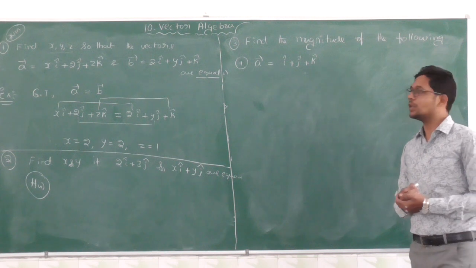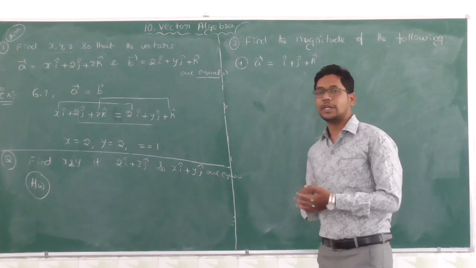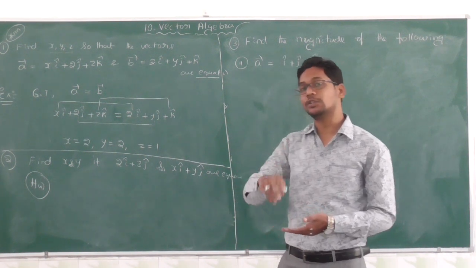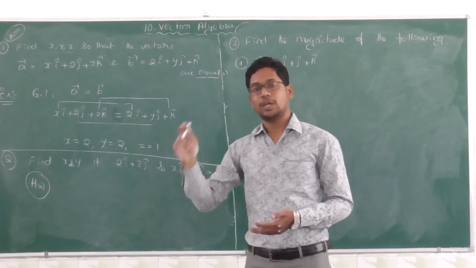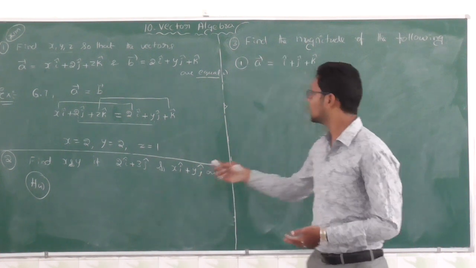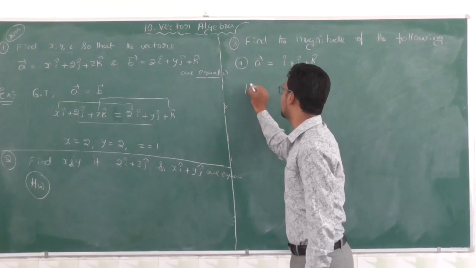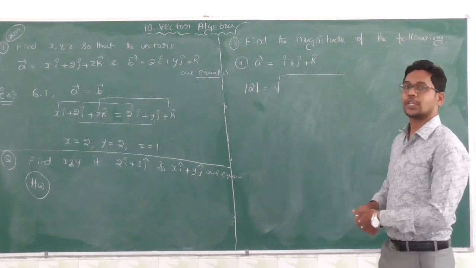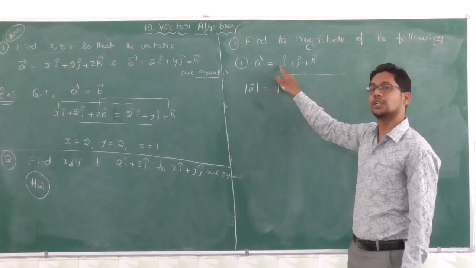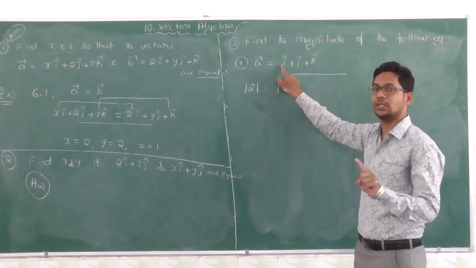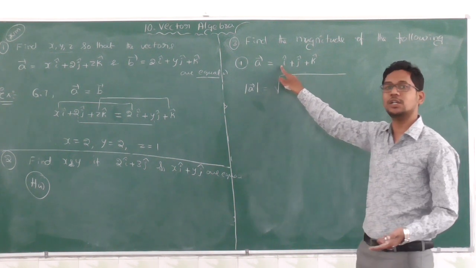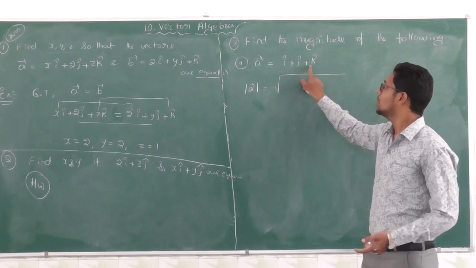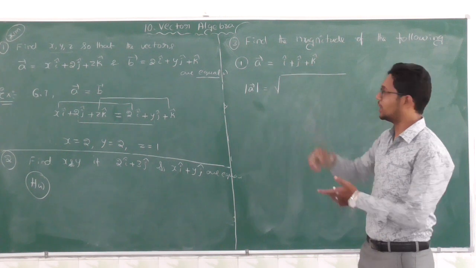How to find the magnitude of A vector? Magnitude of A vector equals square root of x square plus y square plus z square. The i component is what? 1, nothing is there, that means we consider 1 square, plus j component 1 square, plus k component 1 square.